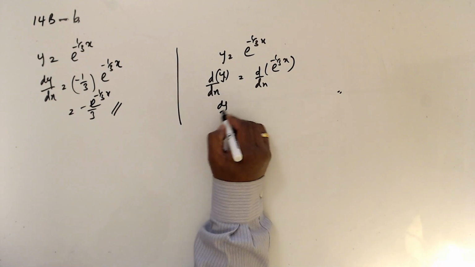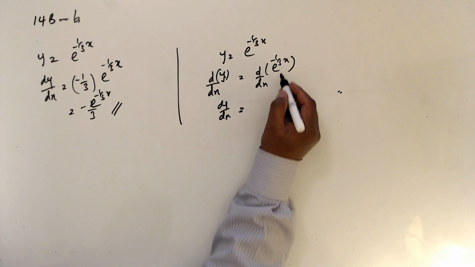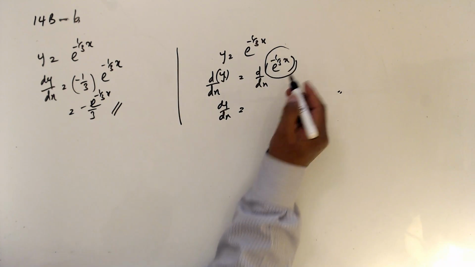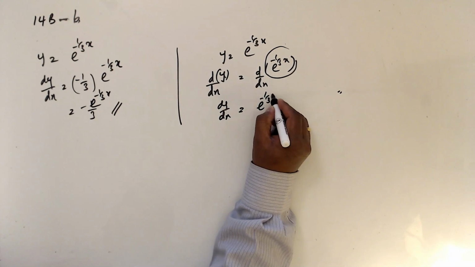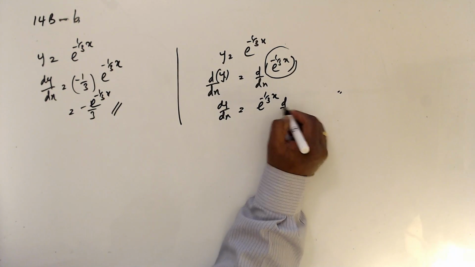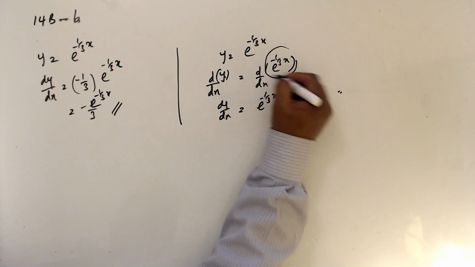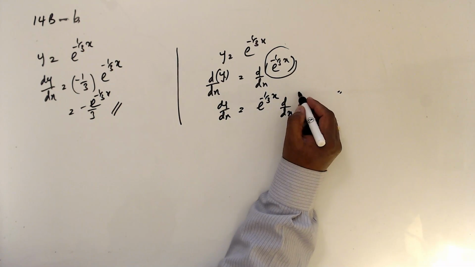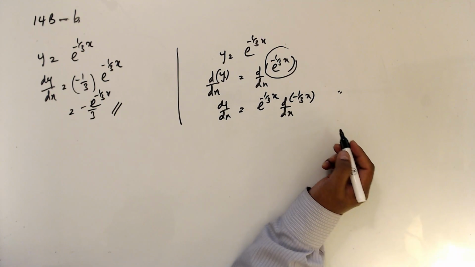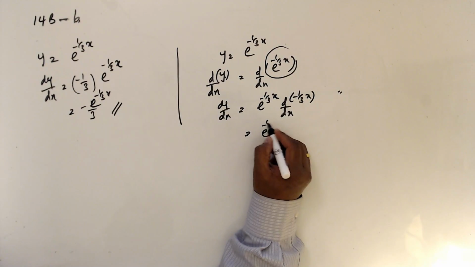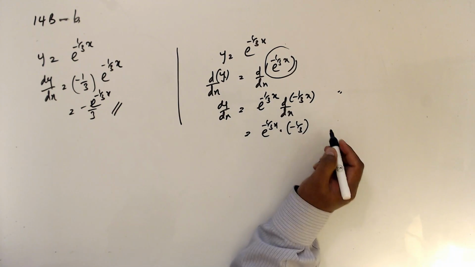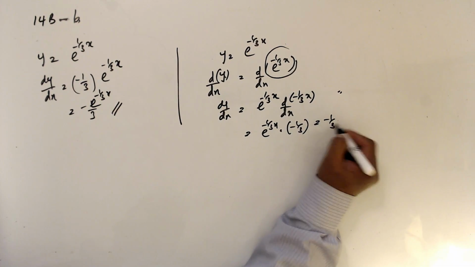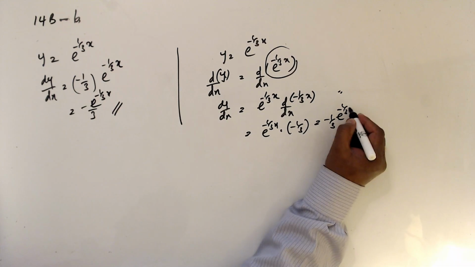So this becomes dy/dx, and when you differentiate this one, the answer is e^(−x/3), then d/dx of minus 1/3 x, which is e^(−x/3) times minus 1/3. So minus 1/3 e^(−x/3).